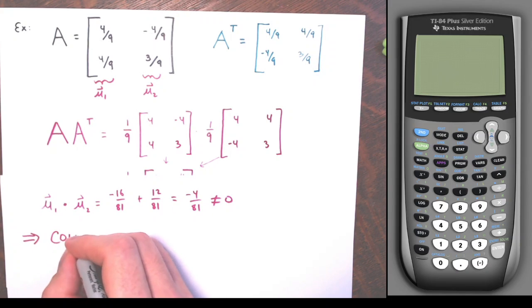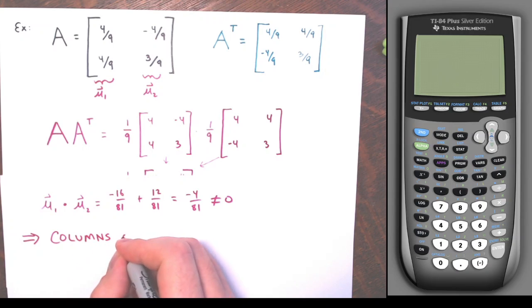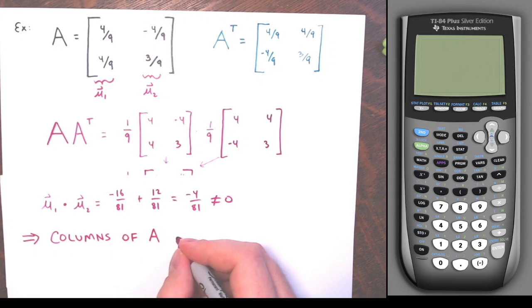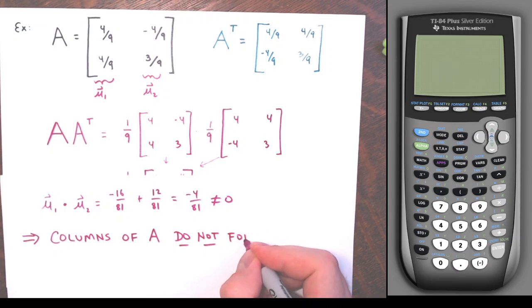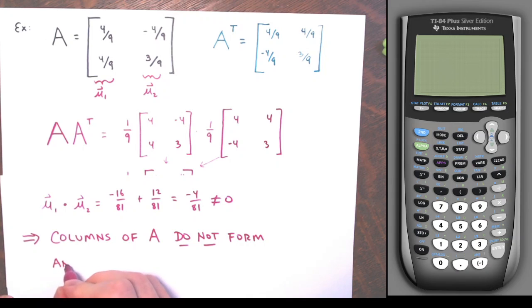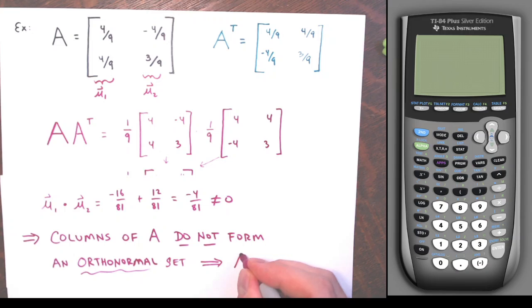So the columns of A do not form an orthonormal basis for R2, or I'll just say an orthonormal set, where each pair of vectors is orthogonal and every vector is a unit vector. So that's another way I could have said matrix A is not an orthogonal matrix.